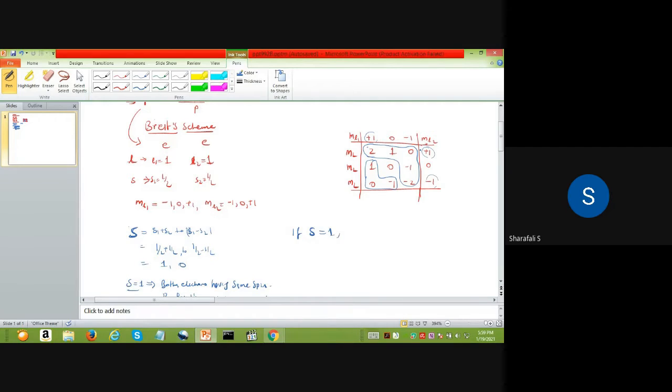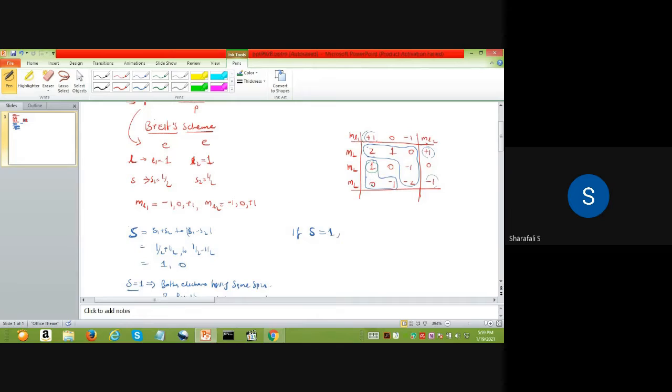So in this case, what will happen? If you consider this +1 as your resultant ML value, then it is having +1 ML1 for the first electron and 0 for the second electron. So that is allowed.